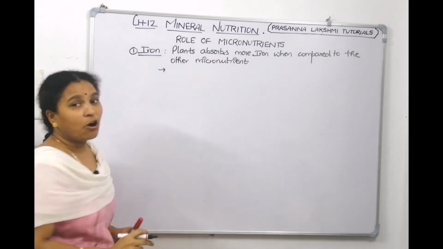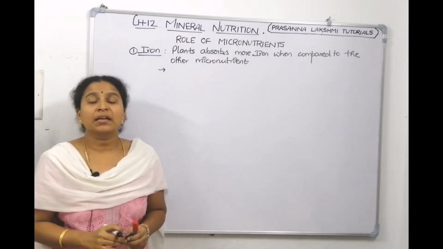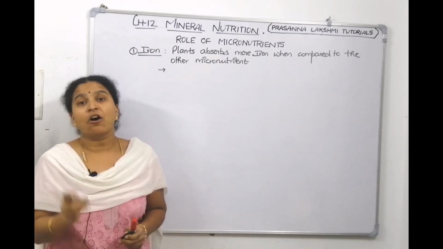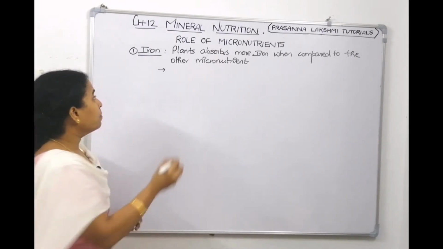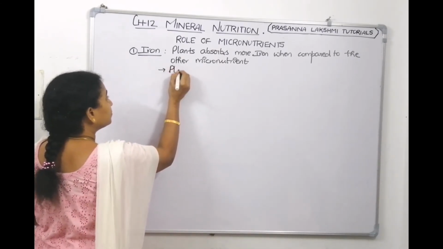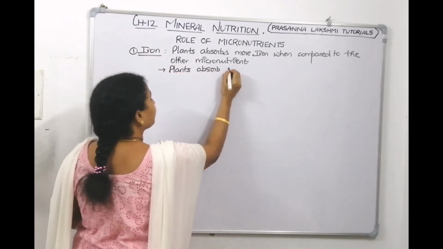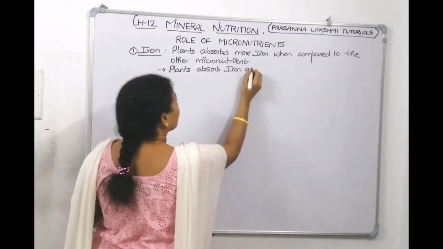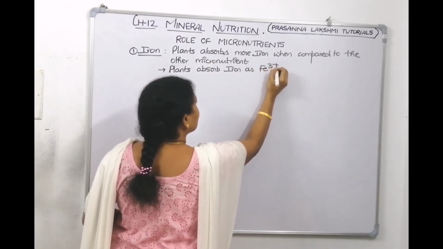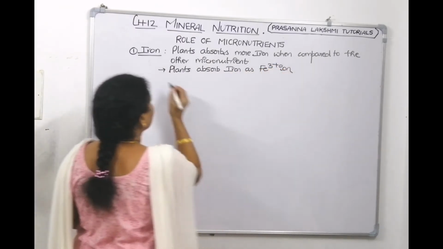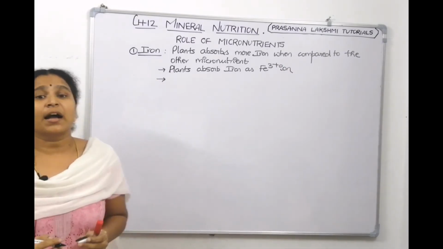And in which form is iron absorbed by the plant? It is absorbed in ferric form, Fe3+. So plants absorb iron as Fe3+ ion. They absorb them as ferric ion.